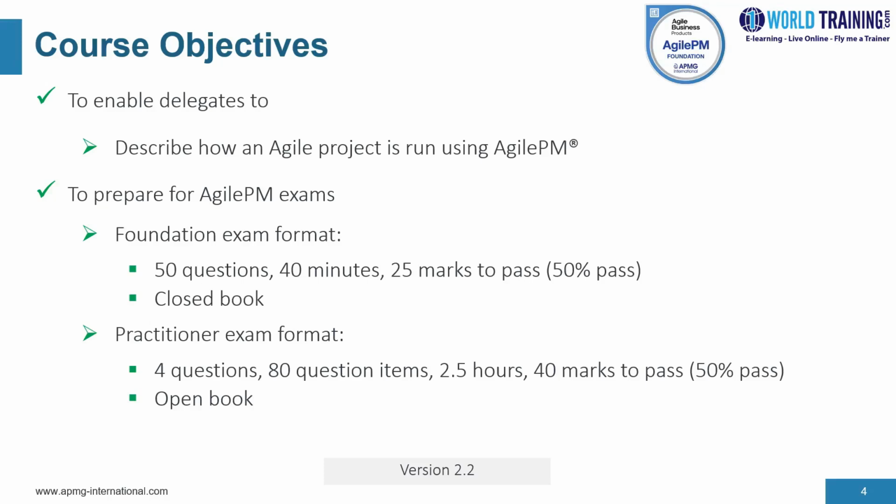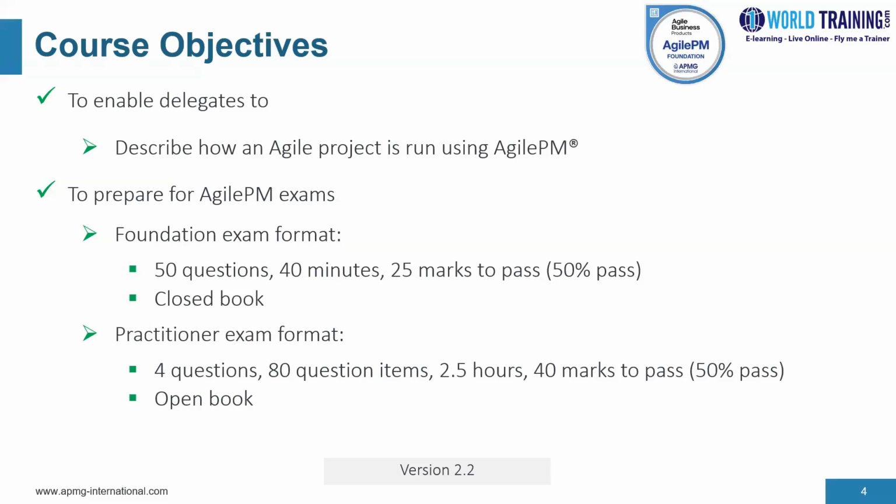The foundation examination is a closed book examination, and you would be asked 50 questions in a timeline of 40 minutes. Within 40 minutes, you need to answer 50 questions, and the expectation is to get 25 marks to pass the exam, i.e. a 50% pass.